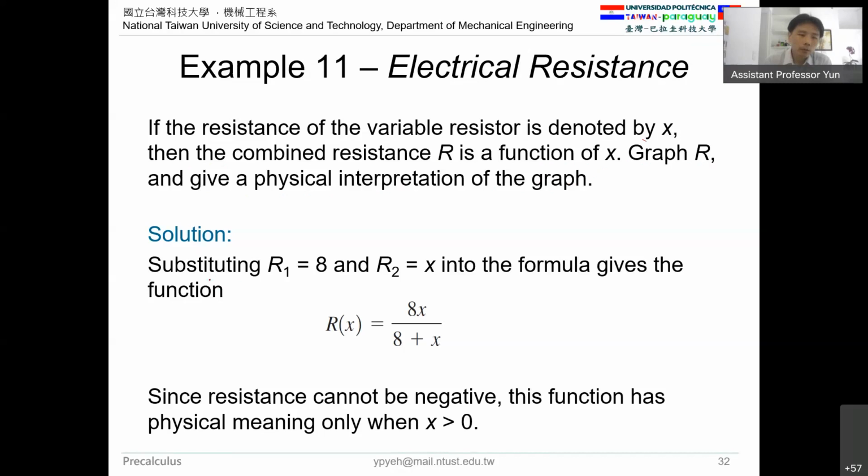We define R1 equal to 8 and R2 equal to X in these formulas, and then the function R of X equals 8X divided by 8 plus X. Since resistance cannot be negative, X is larger than zero, and this function has physical meaning only when X is larger than zero. That also defines the range: y is larger than 0.